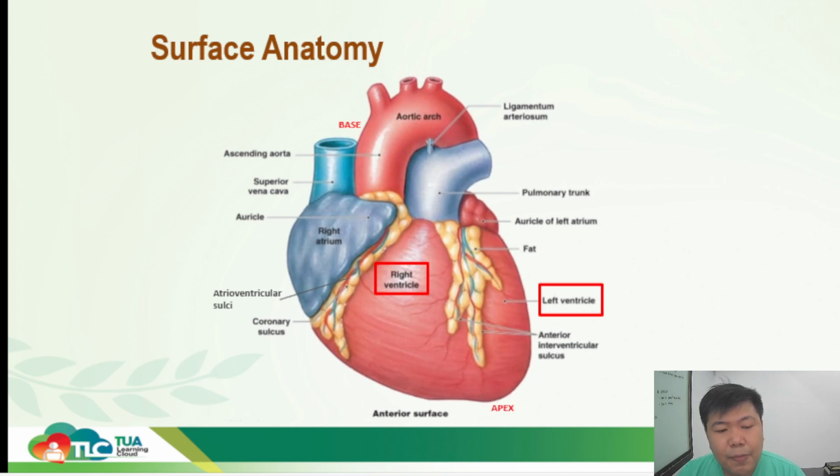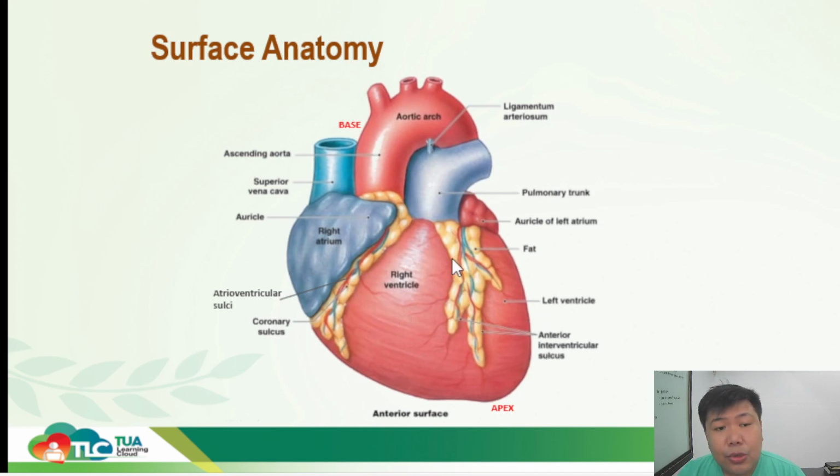These two ventricles are separated on the surface by a structure called anterior interventricular sulcus. So again, a sulcus is a depression, no? So there is a depression in this area marking the division of the right ventricle and the left ventricle.